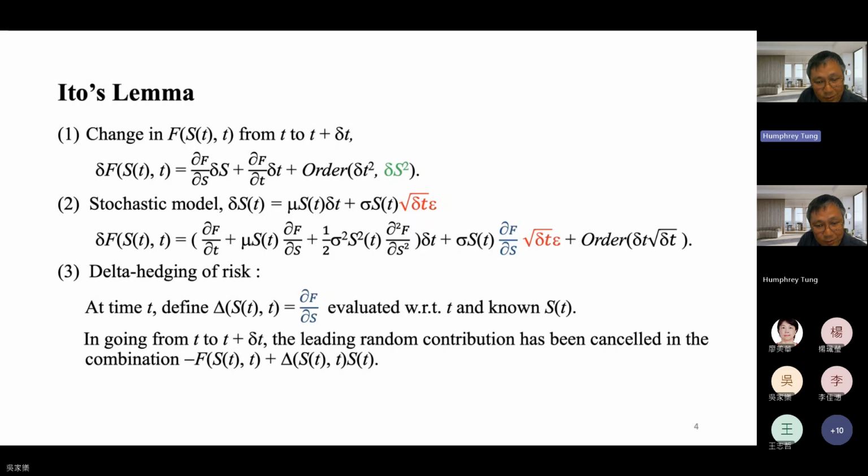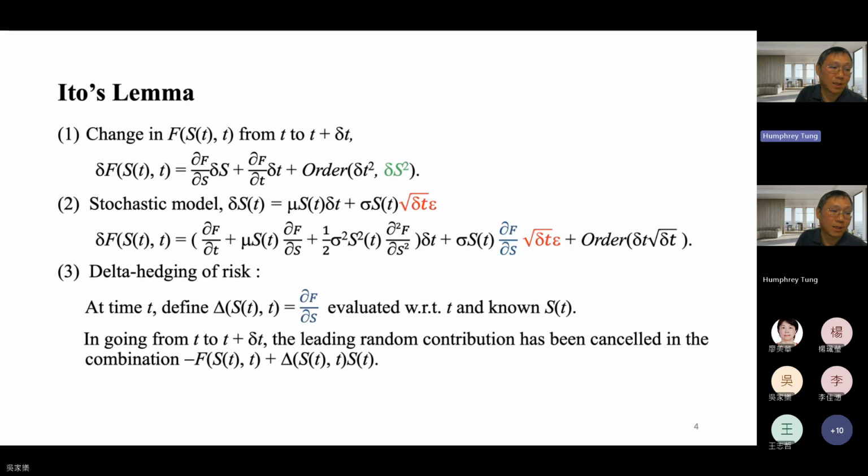In terms of random number, these two terms get the same random number, but the coefficients attached to the random number are different. The random process is the same for the underlying asset price and the option function.